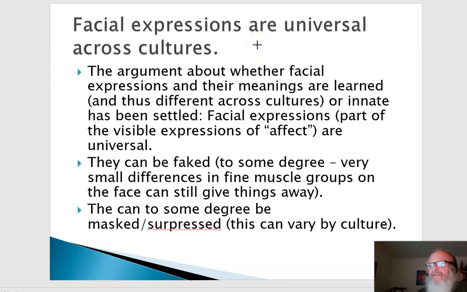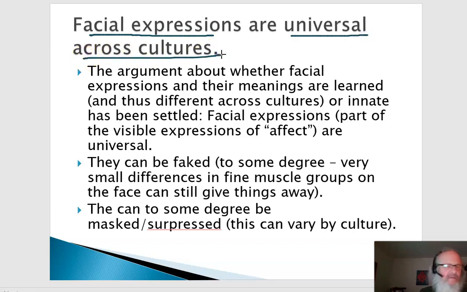Especially during the last 30 years of the 20th century, the argument pretty much resolved that facial expressions are not learned culture by culture, but that facial expressions, in terms of being signals about our emotional experience, are essentially universal across culture.